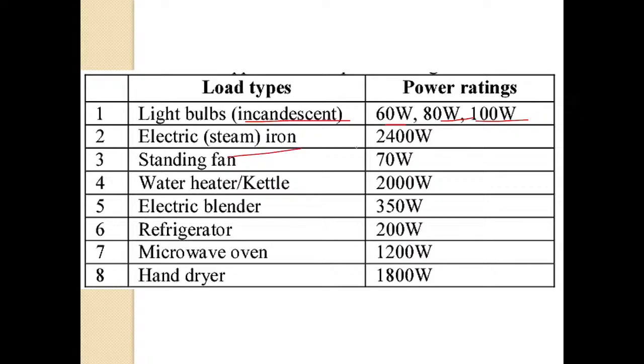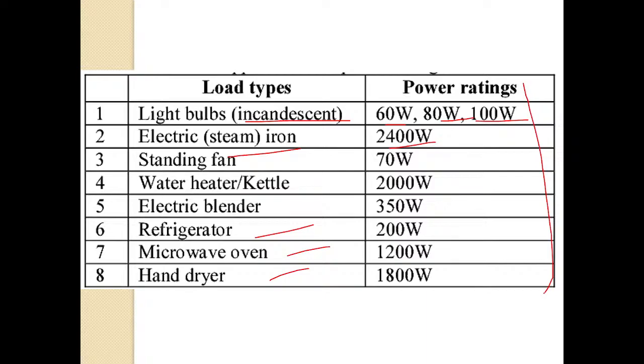Iron box, as I mentioned in the last slide in kilowatts, here I am mentioning in watts: 2400 watts. Standing fan, 70 watts. Water heater, 2000 watts. Electric blender, 350 watts. These are all the apparatus which use electrical energy to operate, along with their power ratings.